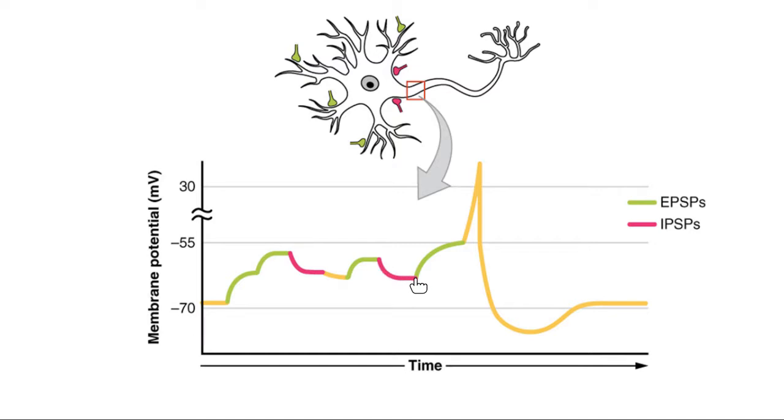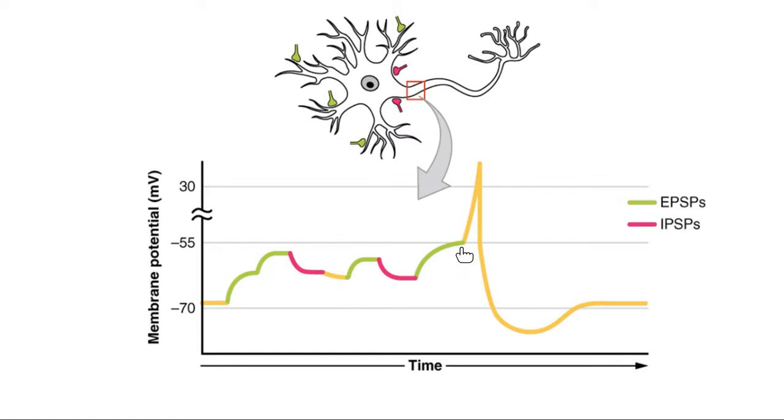But then I have this moment where I get some message that's so exciting. It opens up so many sodium channels that a whole bunch of sodium comes inside, and I hit threshold. Threshold is the magic number. If a neuron gets to threshold, that neuron 100% of the time is going to go all the way up to positive 30.